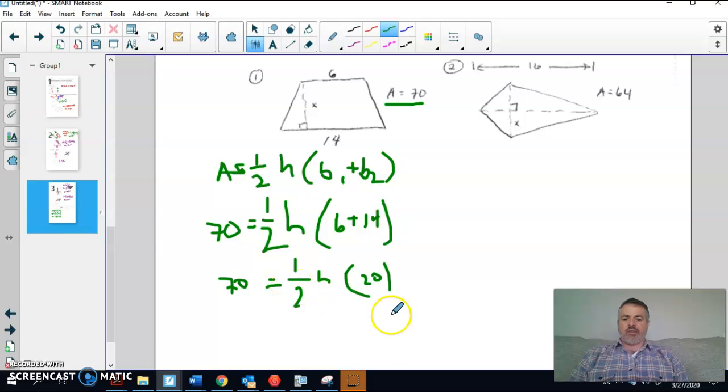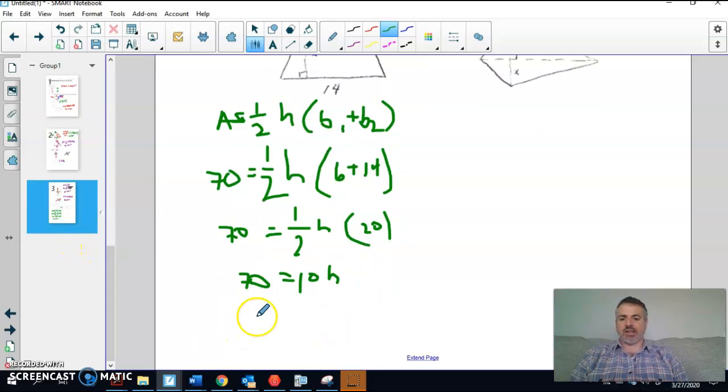So I take 1/2 times 20 is what, 10? So this ends up being 70 is equal to 10 times h. So then algebraically speaking, all I've got to do is divide both sides by 10, and I end up with a height that's equal to 7.